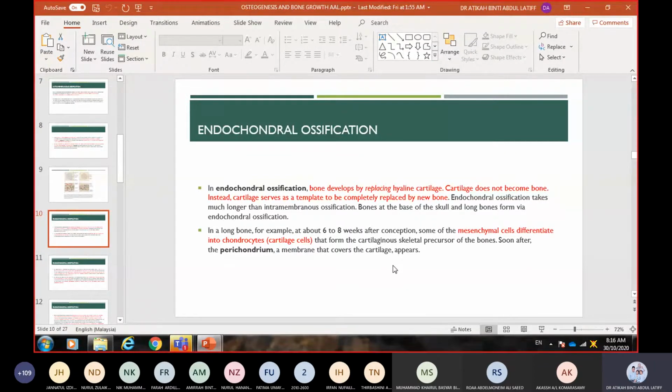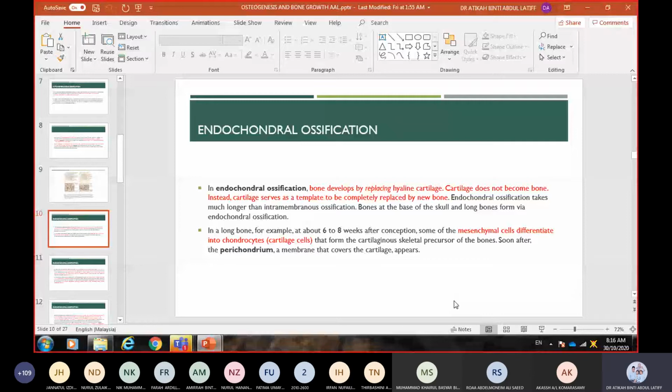Okay, and then the bone tissues will completely replace the cartilage once it has finished using the template. So the process is a bit longer than intramembranous ossification because it has to use the cartilage as the template.